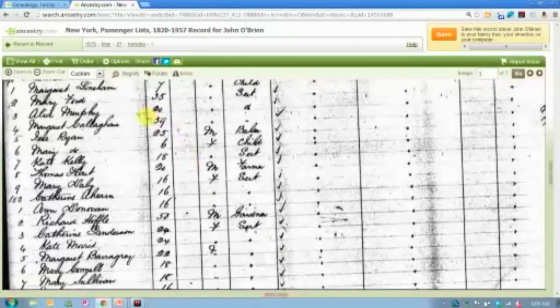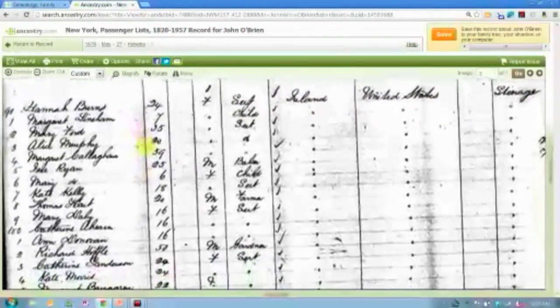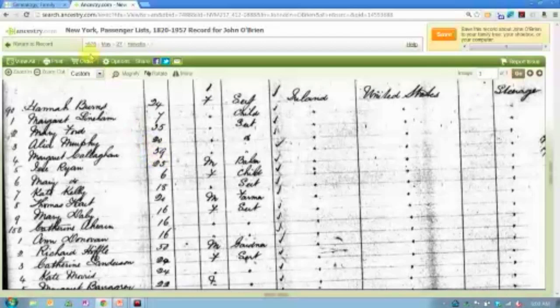Now, one of the challenges with these passenger lists in the late 1800s, this is a New York passenger list from 1878, is that it provides very, very limited information. For example, it has here a name, an age, a gender, and then some kind of an occupation. In some cases, that occupation is really vague.